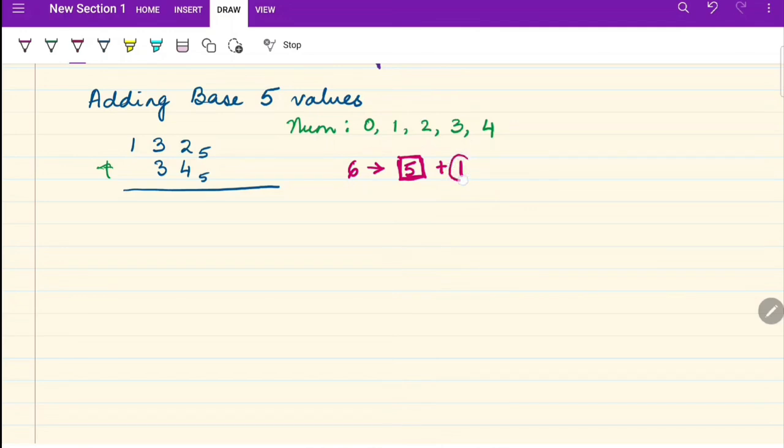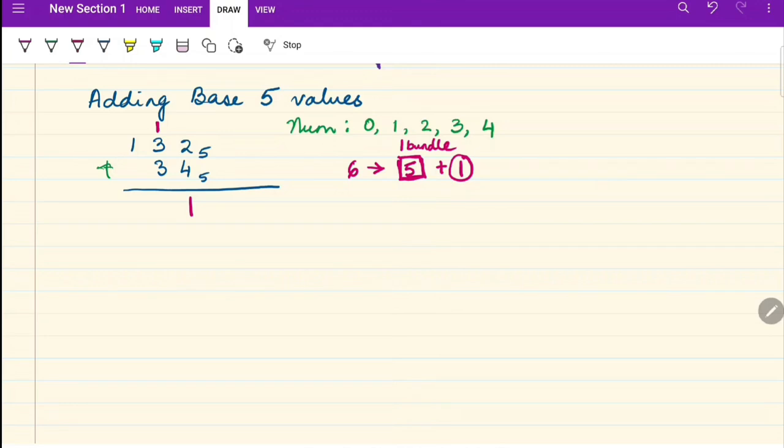So I write this 1 underneath the first column on the right. So this is a 1, and I carry over one bundle of 5 to the left. So here, again, do not write 5, write a 1. All right, I'll just write a 1 because you're carrying over the bundles. If you've created one bundle, you're carrying over that bundle to the left.